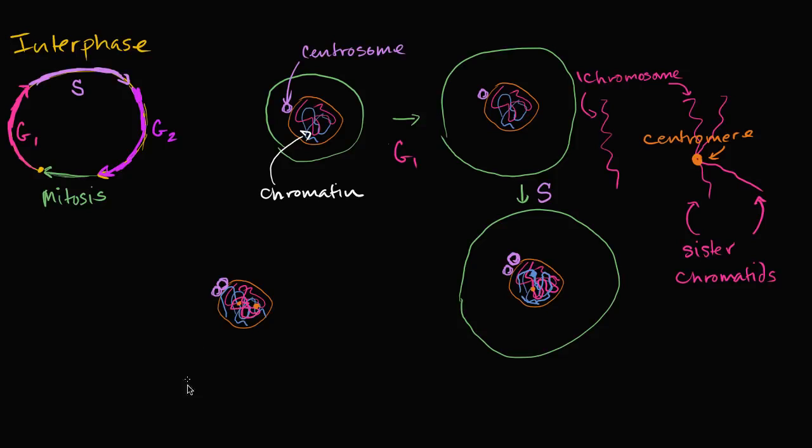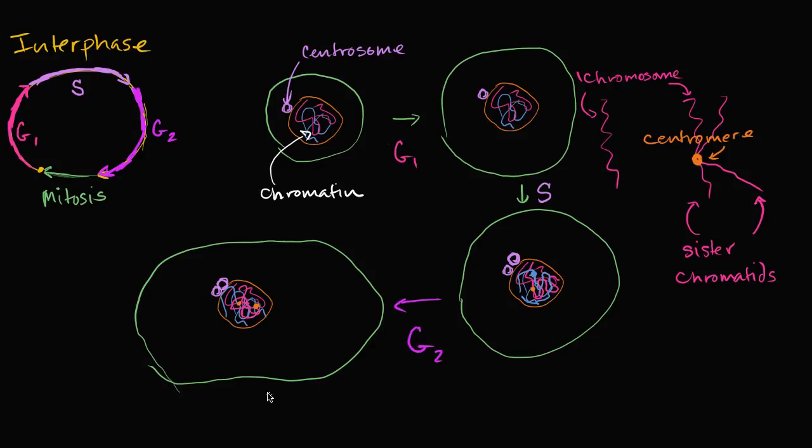And now the cell has grown even more. And once again, going from this to this, we call that the G2 phase. And at this point, at the end of the G2 phase, this is now, let me do this in a different color, when we are ready for mitosis.